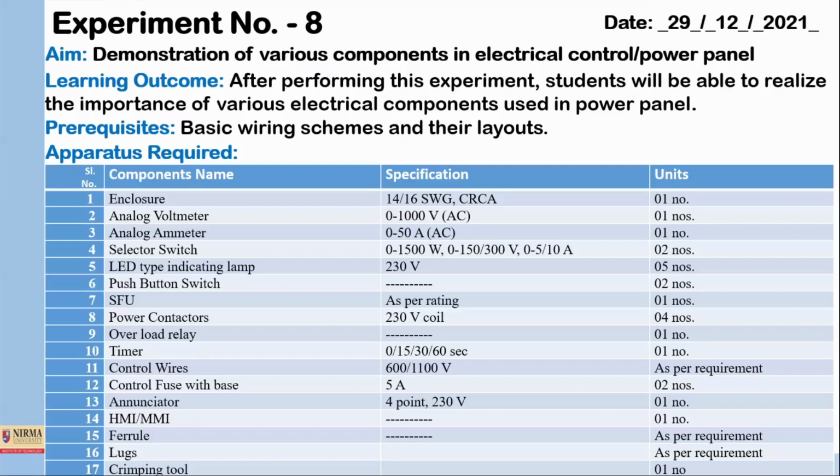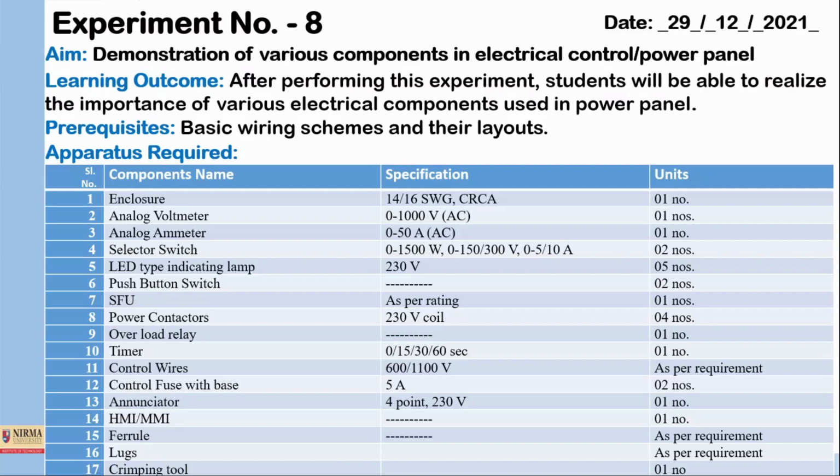Then some indicating lamps will be there using LEDs. Some push button switches will be there for starting and stopping the devices. There will be some power conductors. Some relays will be there which will sense the current or temperature and also the loading of the machine. Then there will be a timer which will coordinate between these control units.